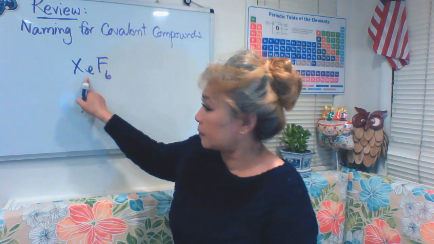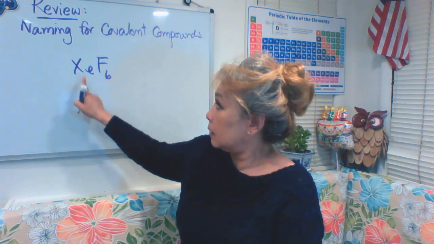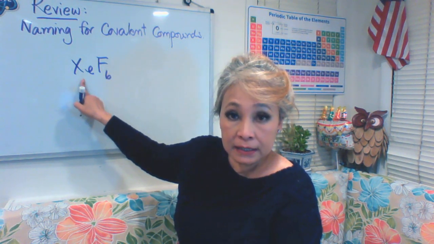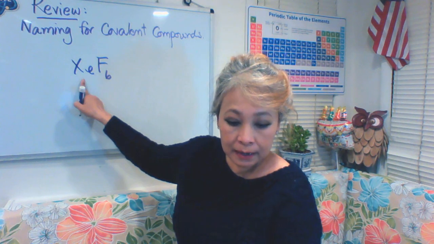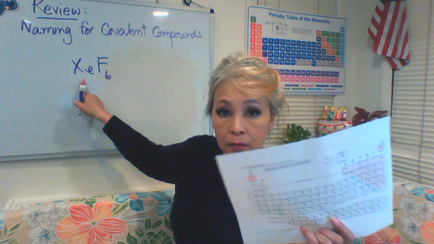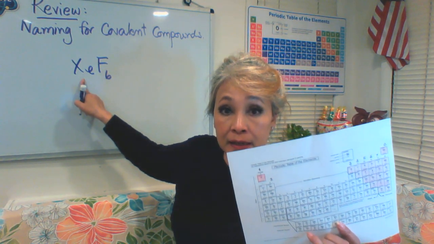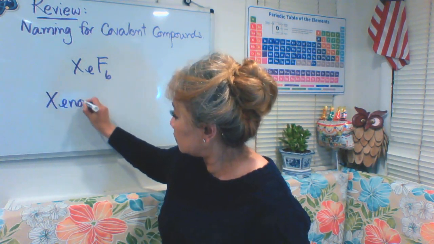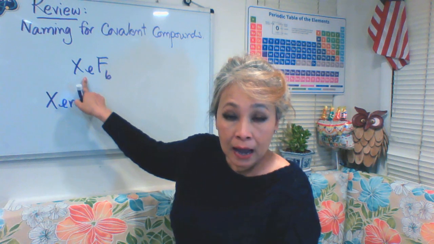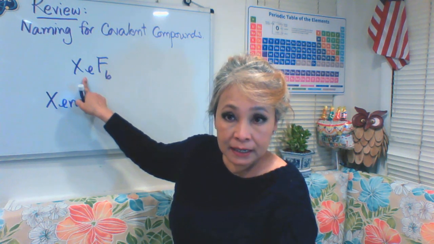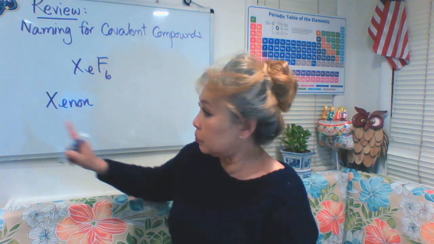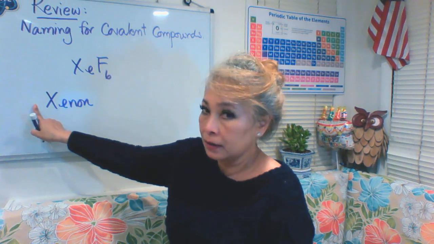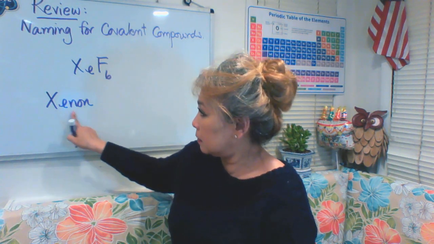XeF6. Xe, the first element, name following the periodic table name. What is that? Xe is xenon. Write down. How many atoms of Xe? Only one. Do we put mono in front? No mono in front.